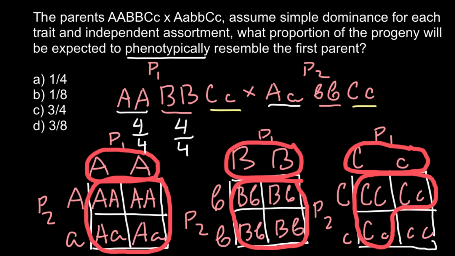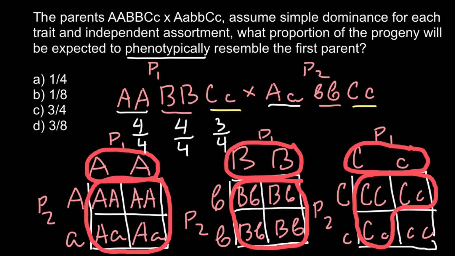Those genotypes that are homozygous dominant and heterozygous would have the same phenotype as parent 1, which is heterozygous. So for the third trait, we can put 3/4. So 3 out of 4 would have the same phenotype as parent 1.